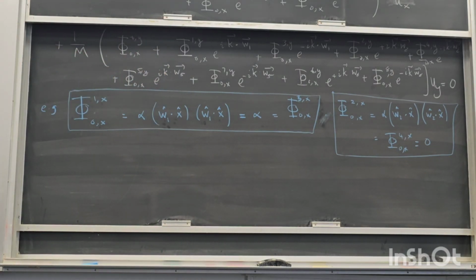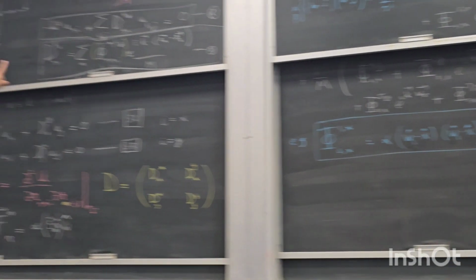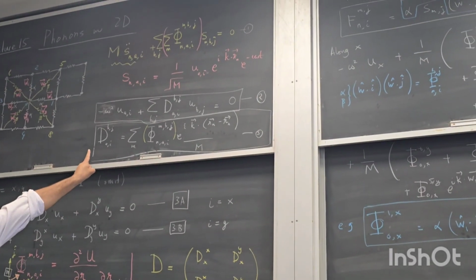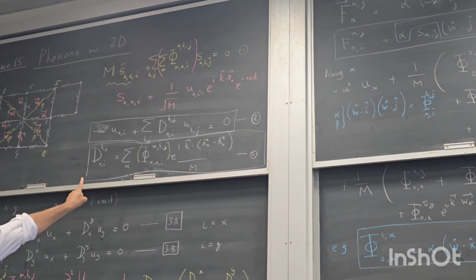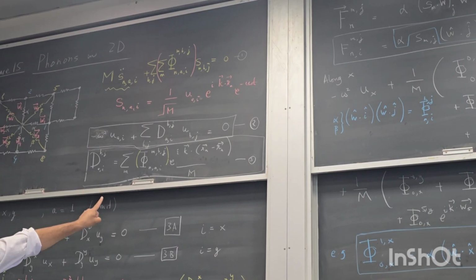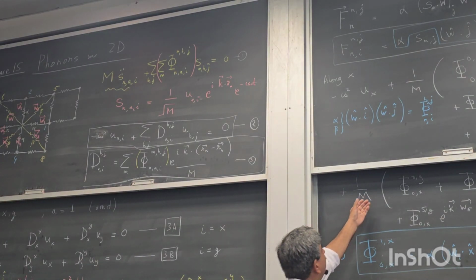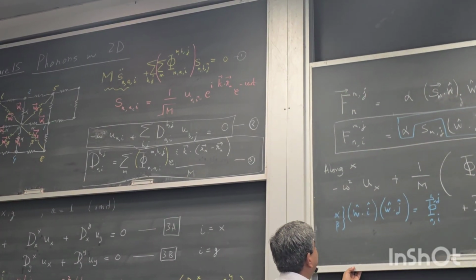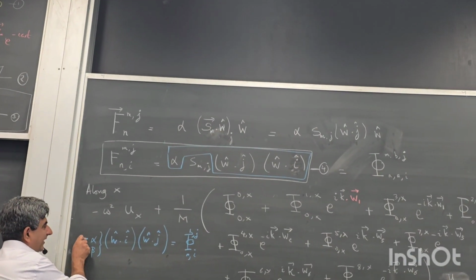By the way, one thing I would like to mention is equation number 1, the left hand side is the negative of the force, isn't it? That's the equation of motion. So this is really negative sign here, okay?